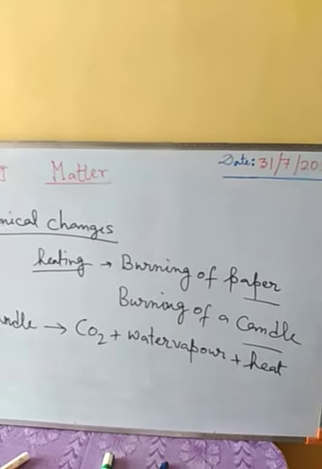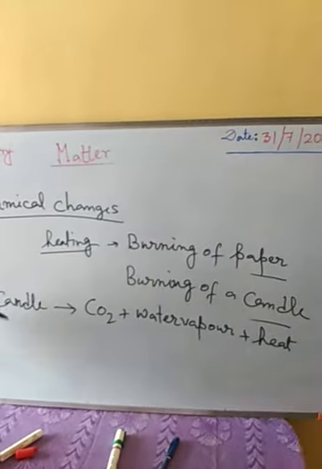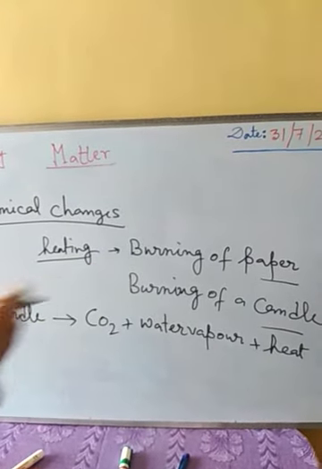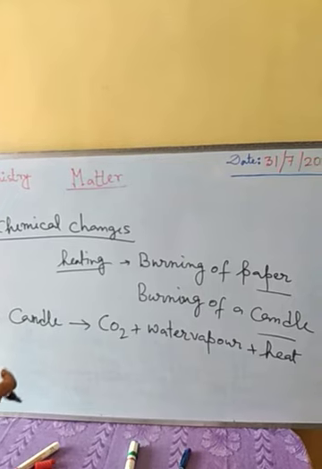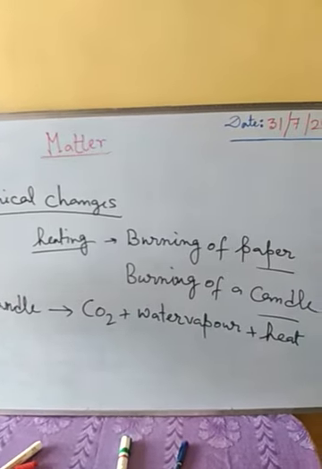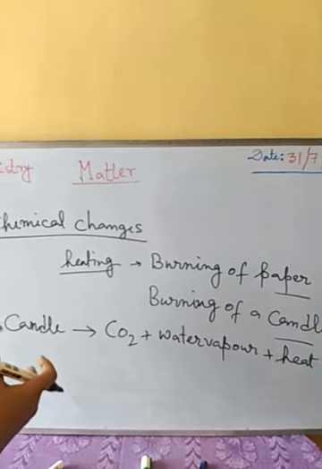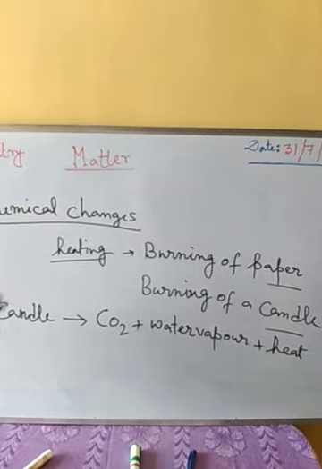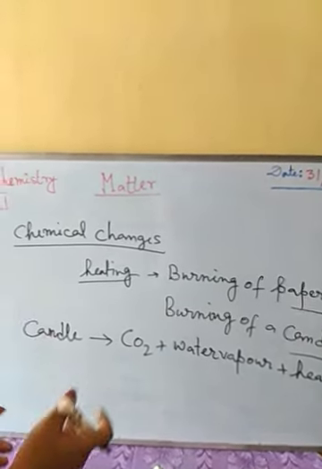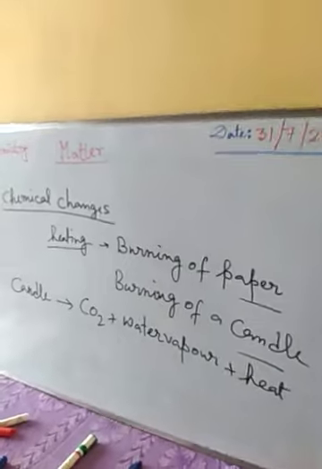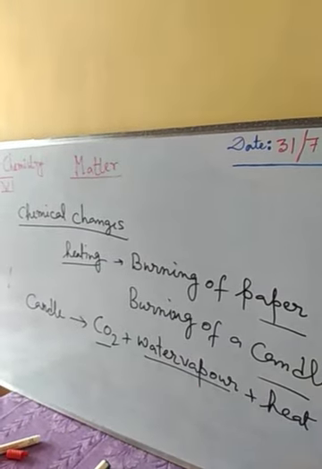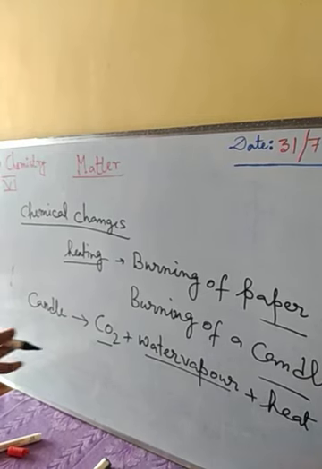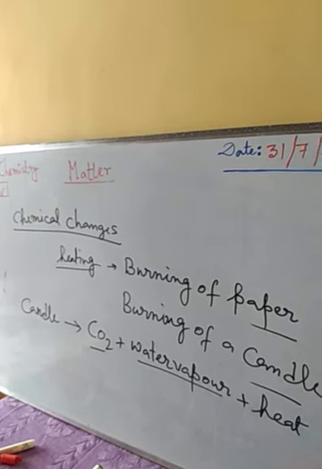Slowly the size of the candle decreases, because whatever substance was in the candle converts to carbon dioxide and water vapor, and it produces some heat. These substances cannot be converted back to the candle again. That's why this is also a kind of chemical change.